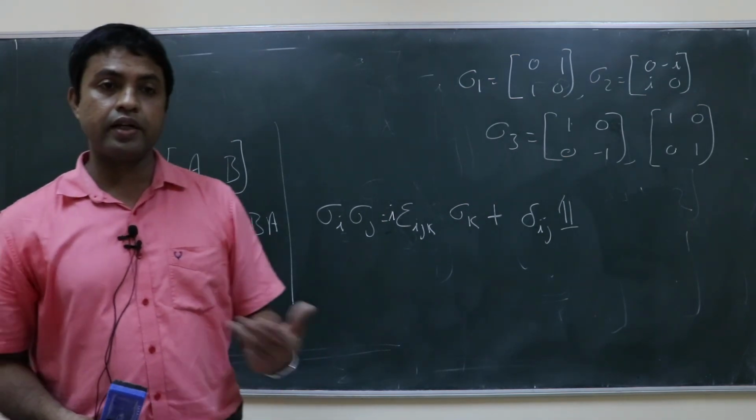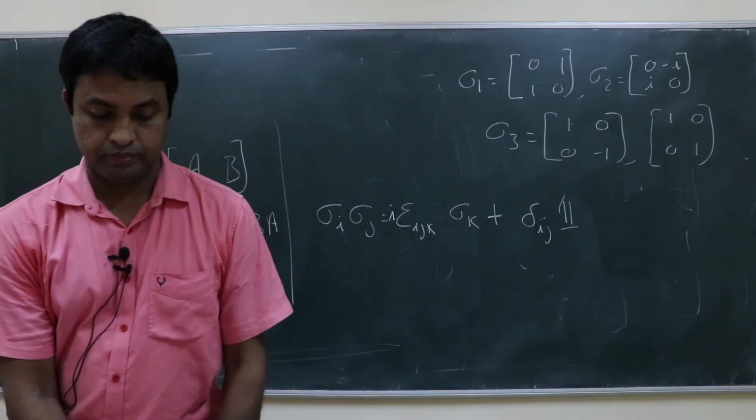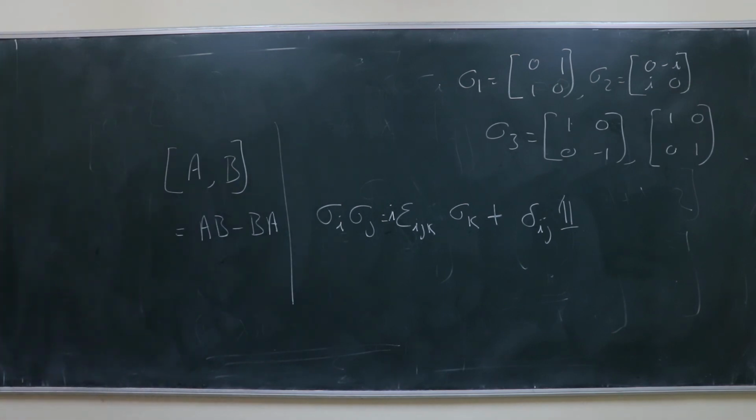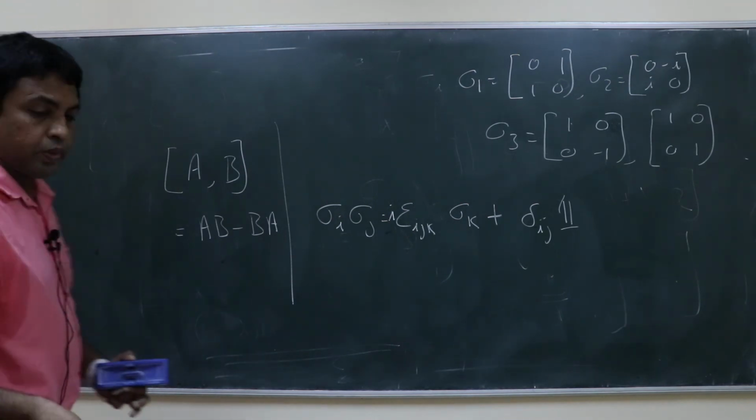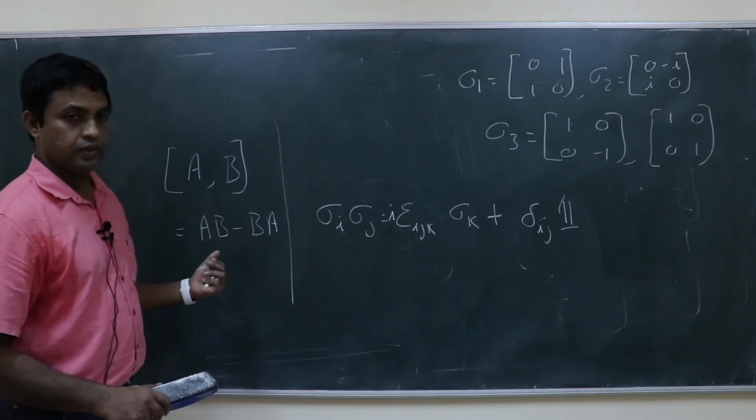So whether any general 2 by 2 matrices commute with each other. No, sir. The answer is no. Any two general matrices will not commute with each other because AB is not equal to BA.